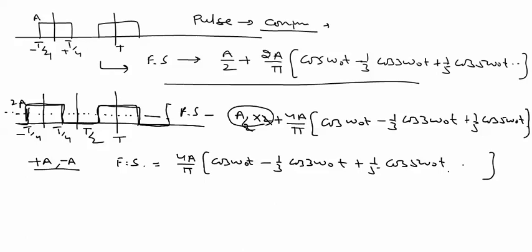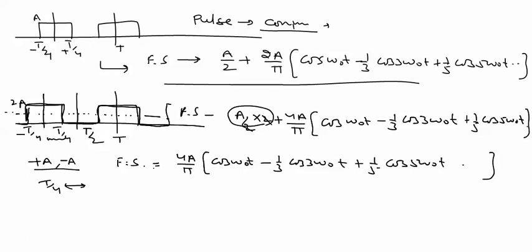Now we change one more thing in this waveform and we can develop another Fourier series. We just shift this pattern by T by 4 amount. T by 4 means a periodic pattern.